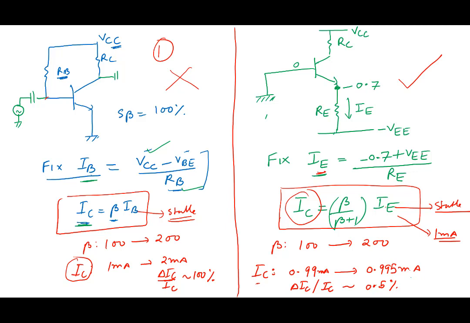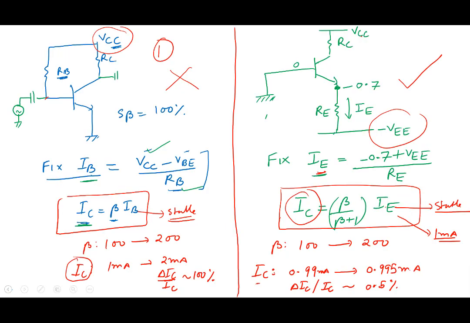But there is a problem with this: here we use a single supply, here we are using a dual supply. We have to use a plus 5 volt here and a minus 5 volt here, a dual supply voltage, plus 5, minus 5. So that makes the circuit a little bit more complex.